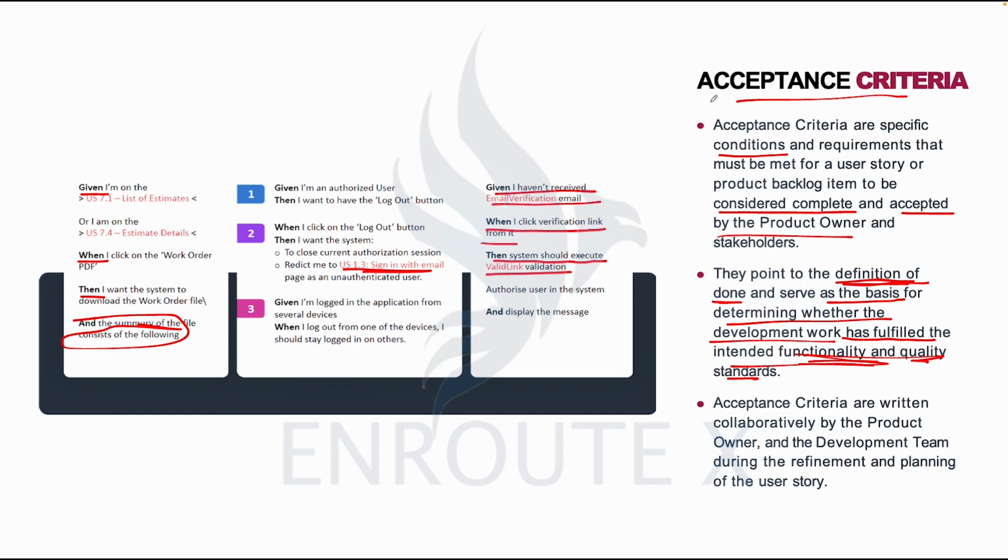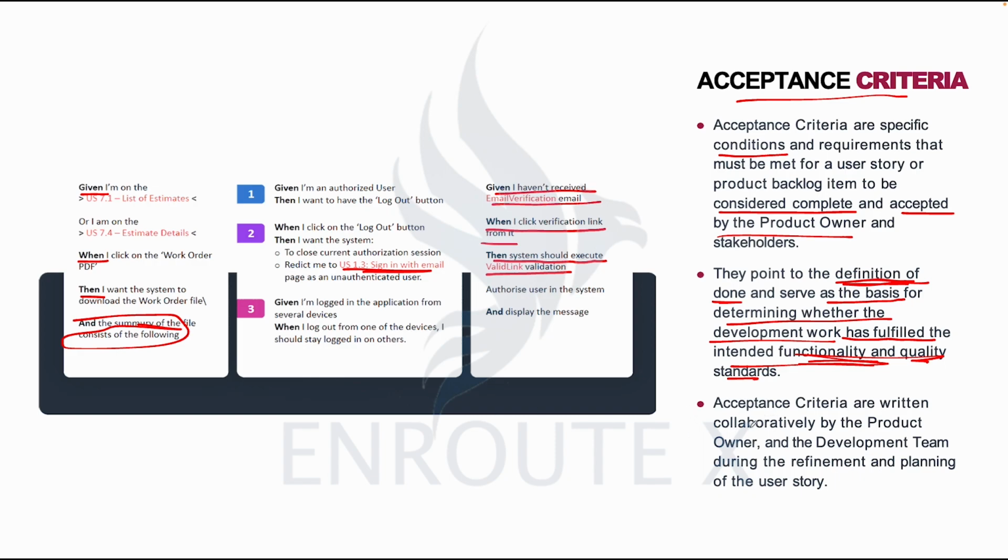But mind you, the acceptance criteria is written while that work item itself is written too. So it is written early, before the developer commences on that particular work item.